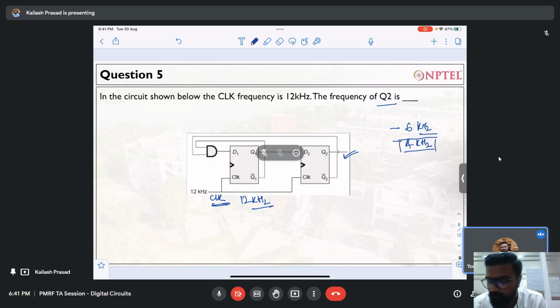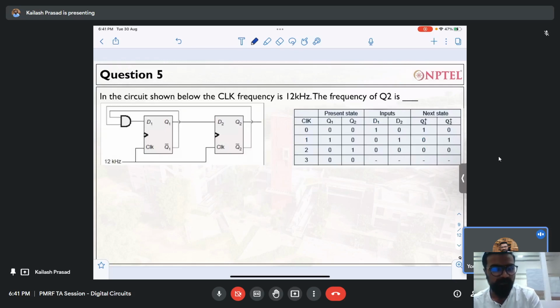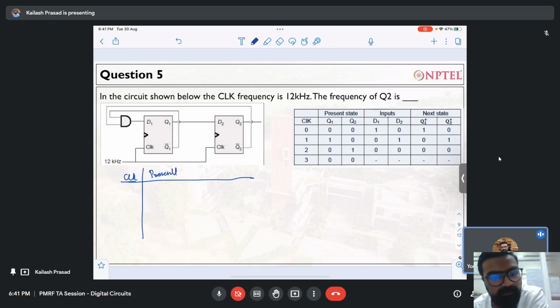Okay, let me tell you what the actual answer is. I have a table which I've made for this question. Let us see how this works and how we have generated this table. We have the clock cycle, then the present state just like in the previous table, then the input we have provided, and then the next state.